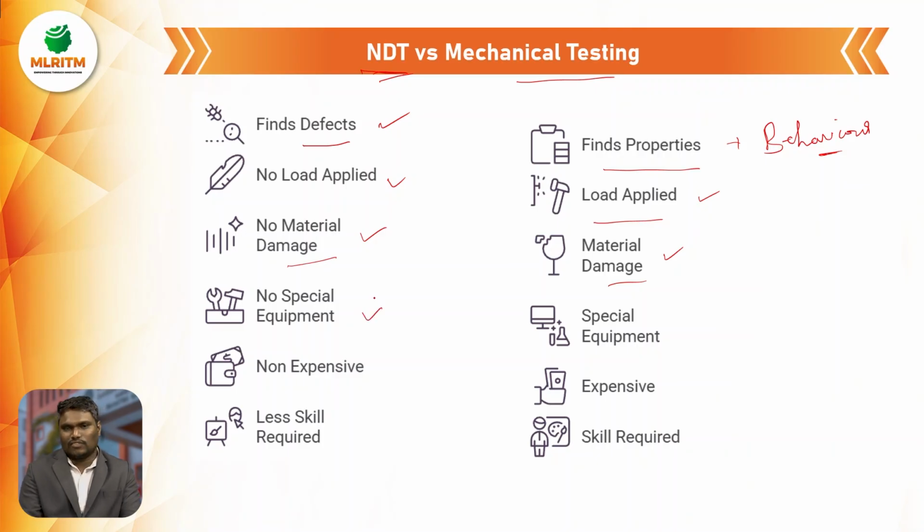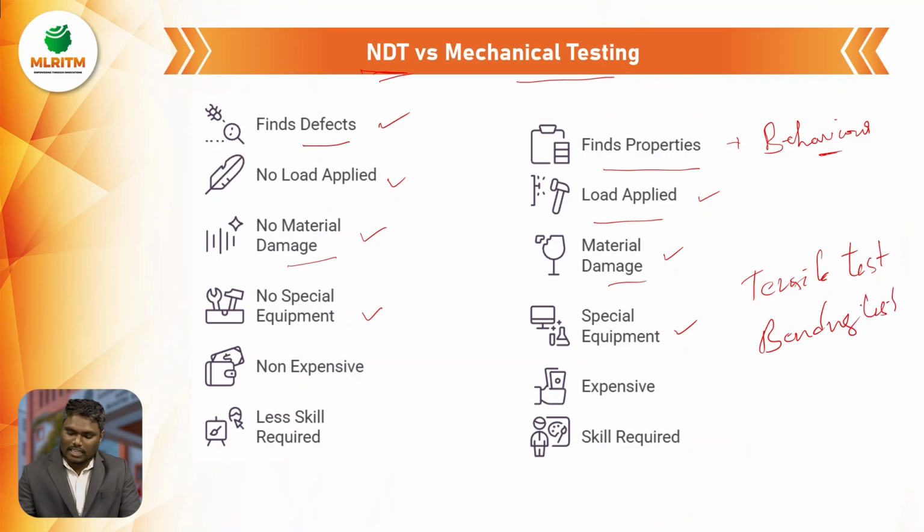Here no special equipment is needed. In mechanical testing, very special equipment is needed, because in testing materials, for example, the tensile test, bending test, along with the compression test, it can be applied only in a universal testing machine.